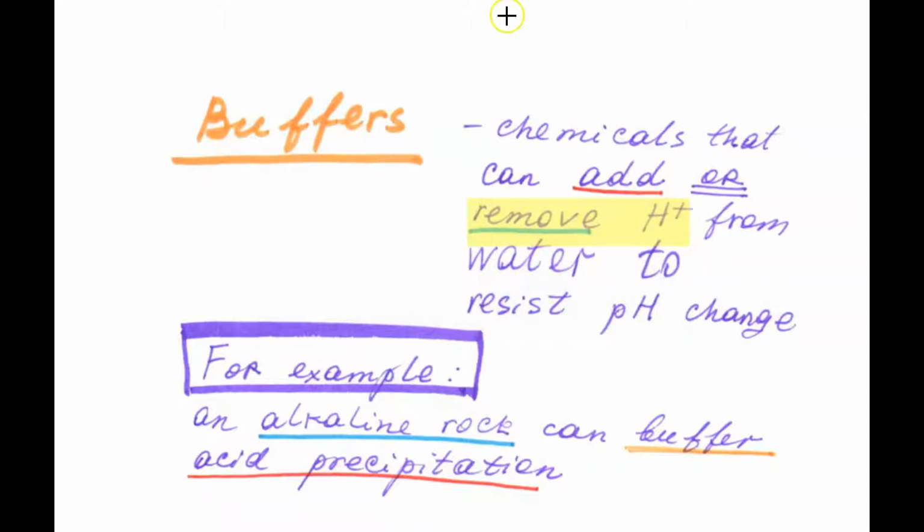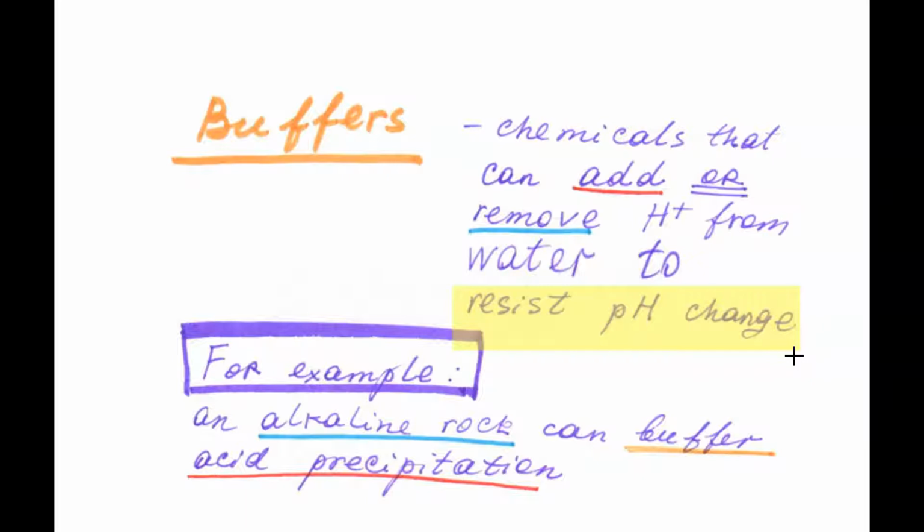Now, if you have an opposite scenario, let's say the water is too alkaline, that means that there aren't enough hydrogen ions, right? In this particular case, a buffer can add hydrogen ions to water, okay? This will prevent pH from climbing up.